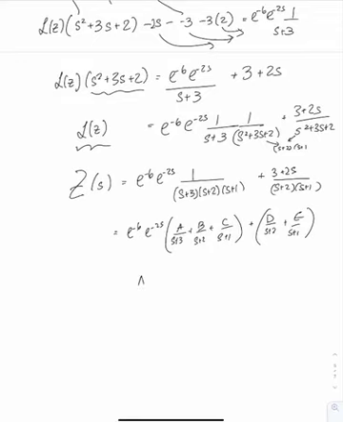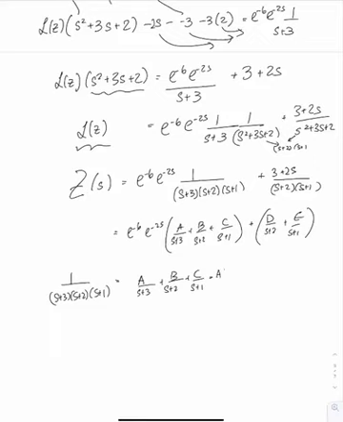So you have 1 over s plus 3 times s plus 2 times s plus 1 equals a over s plus 3 plus b over s plus 2 plus c over s plus 1.